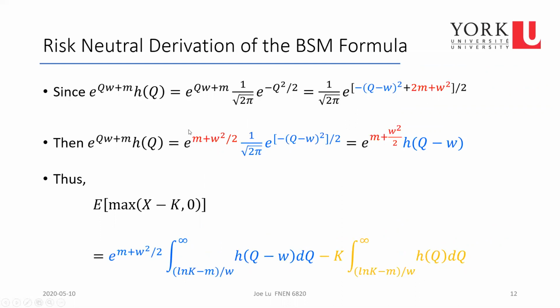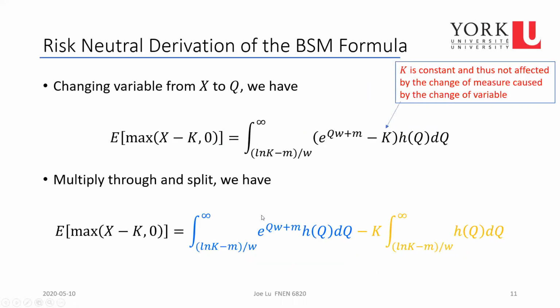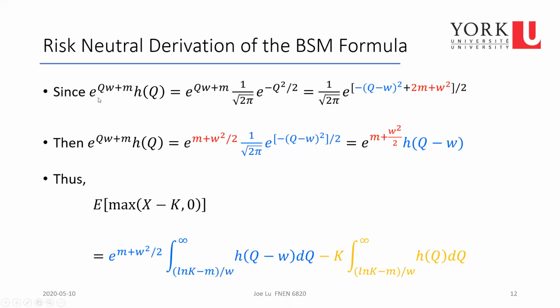Now in the integrand here, we have e to the power of qw plus m times this density function h(q), and we just write it out. h(q) is this standard normal distribution density function.